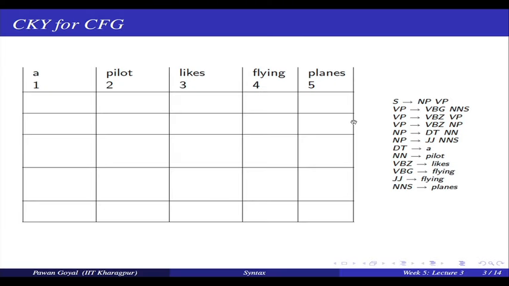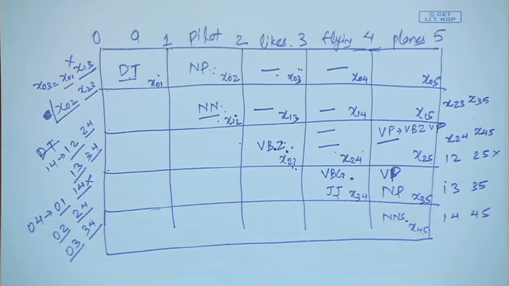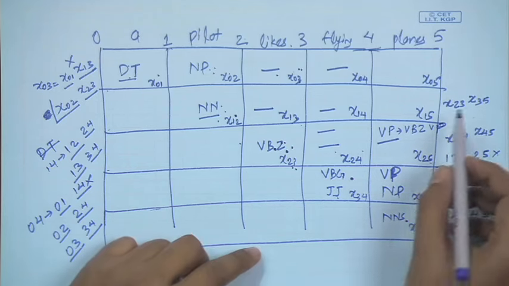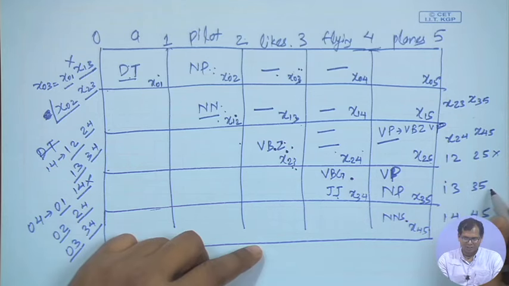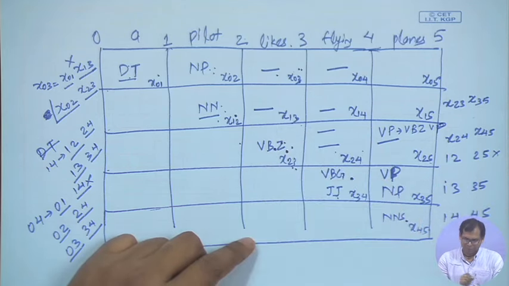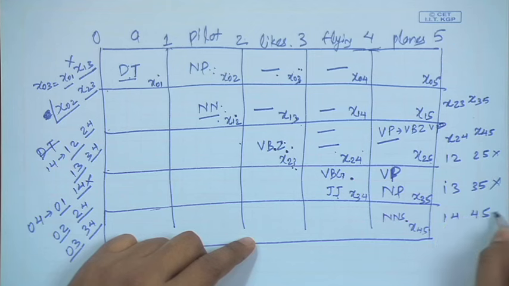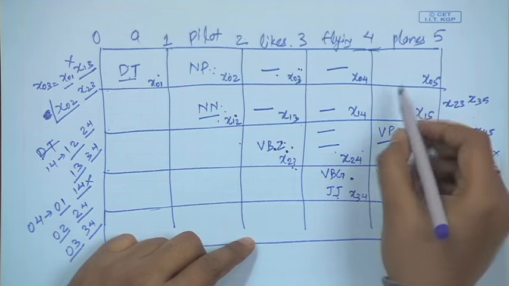No. So this is gone. Similarly, 13 followed by 35. 13 is null, so this is gone. 14 followed by 45. 14 is null, so this is also gone. So this is also null.